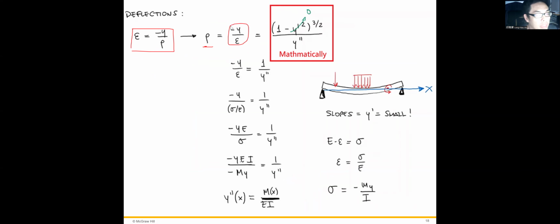Okay, from the mathematical definition of the radius of curvature, which equals this: (1 plus y prime squared) to the power of 3/2 over y double prime. It's a mathematical definition of the radius of curvature.